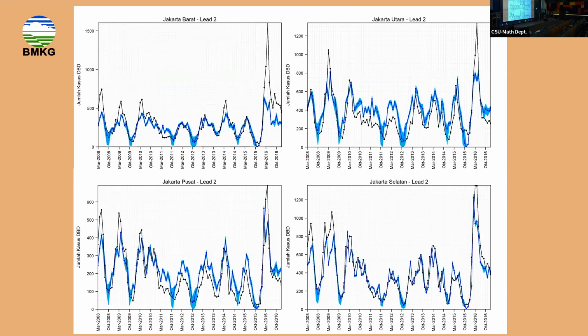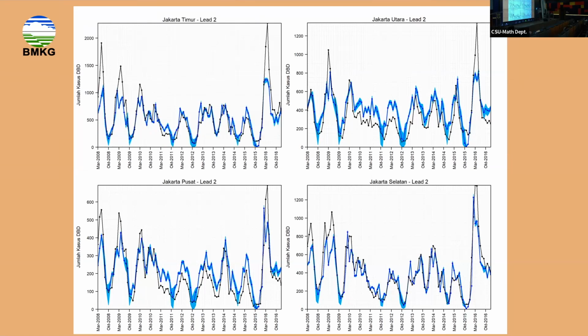But in lead 2 you can see some variations. For example, in this one, the model is lower than the real data, but the rest is still okay. And from their perspective, this is still okay.